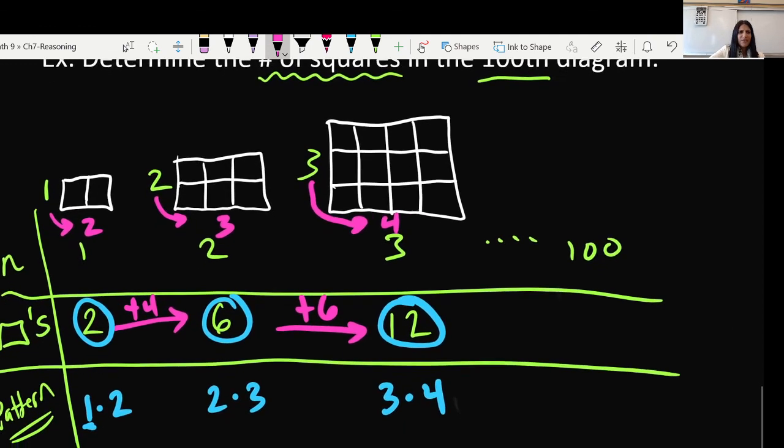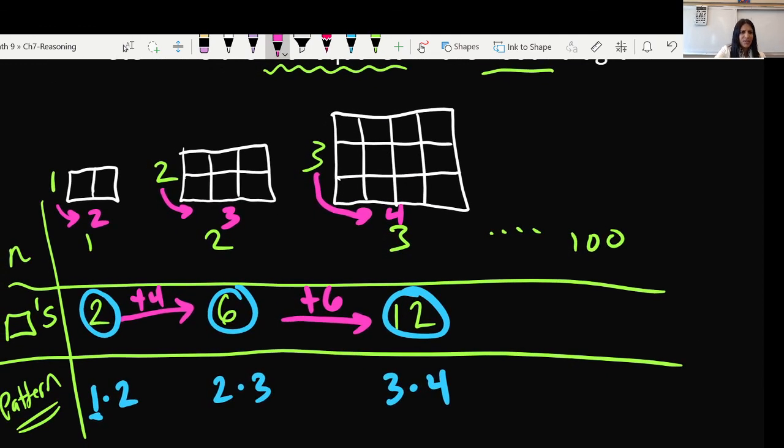So if I think about it, what's the relationship between the figure number and what we see going on there? Well, I could say that it is n times n plus 1. Does that work? Well, in the first one, that'd be 1 times 2. In the second one, that'd be 2 times 3. So yeah, that pattern works. So therefore, I would have 100 times 100 plus 1 for this last column.